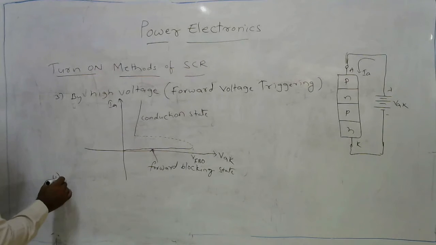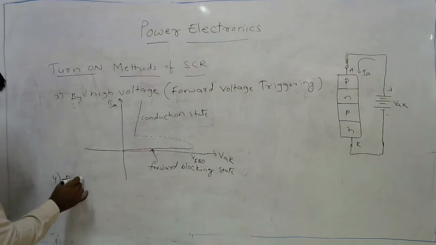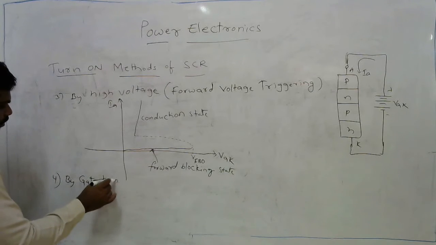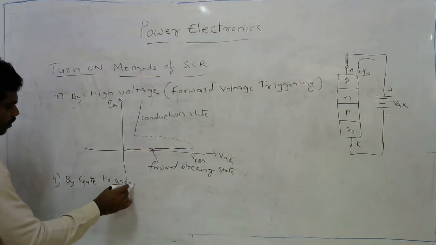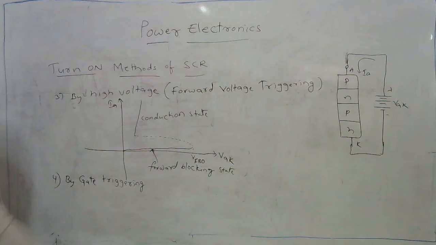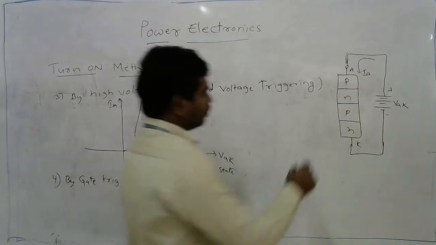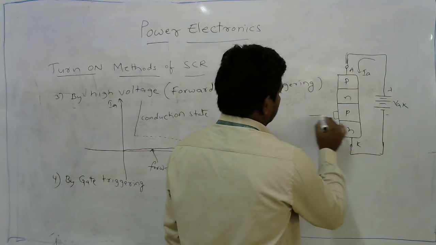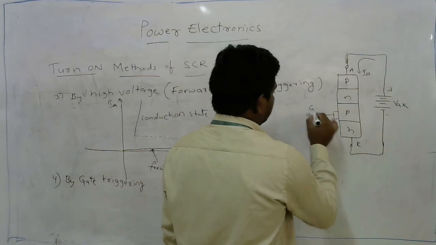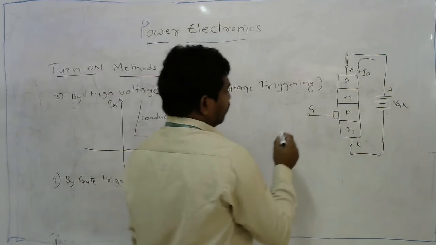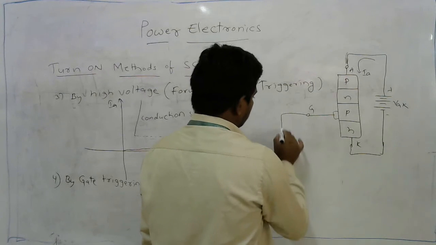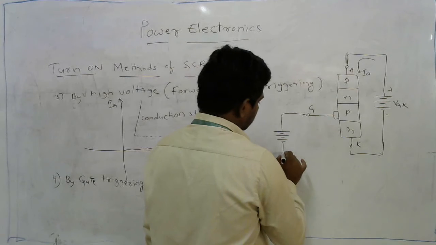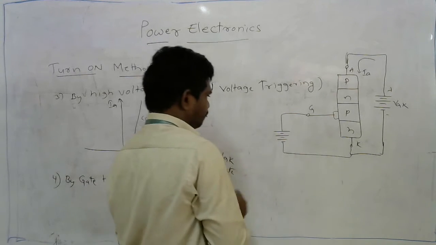Next we'll see gate triggering. By gate triggering means what? There we have one more terminal, that is gate here, right? And we are applying voltage to that gate and cathode terminals.